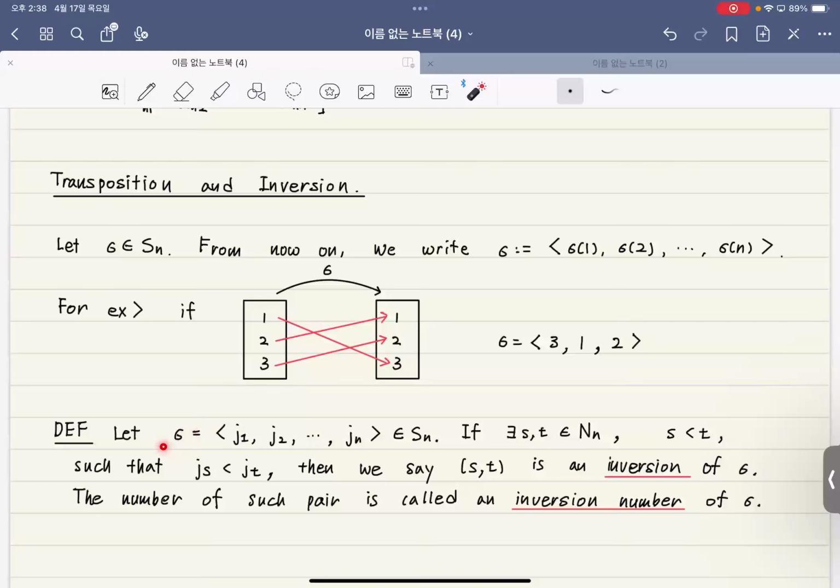I have an n permutation sigma here, J1, J2, ..., Jn, and these integers from J1 to Jn must be the integers from 1 to n, right?